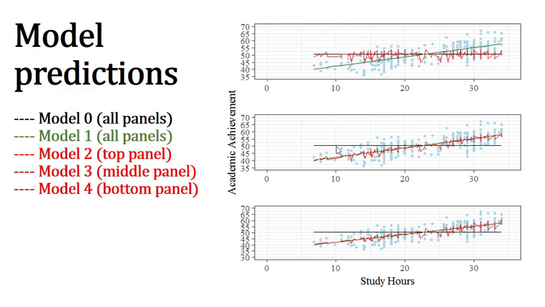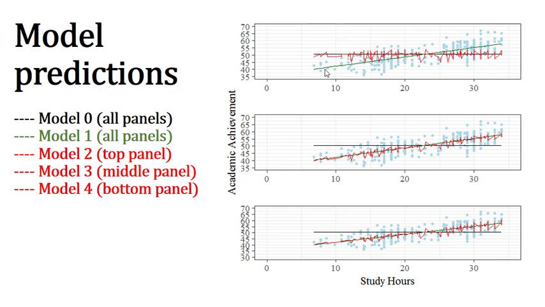So if you study 10 hours, our prediction is around 50 of academic achievement. If you study 20 hours, the prediction is the same. If you study 30 hours, the prediction is exactly the same. So that's model 0, in which none of the other variables is taken into account and is shown in the 3 panels.